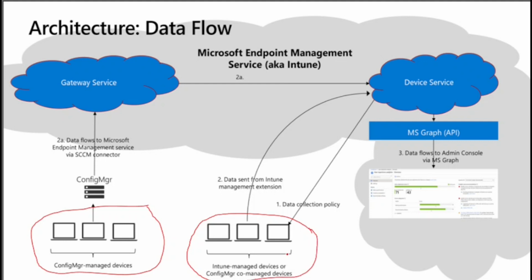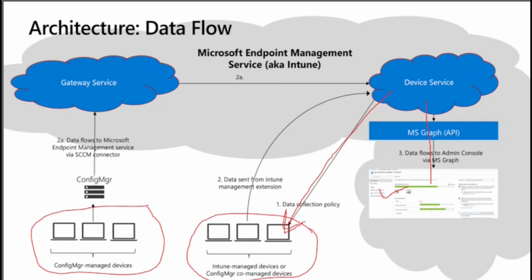As an admin, we have to enable endpoint analytics in the admin center portal. Once we enable endpoint analytics in the admin center portal, the device services is going to create a policy called the data collection policy and target it to the devices where we want.